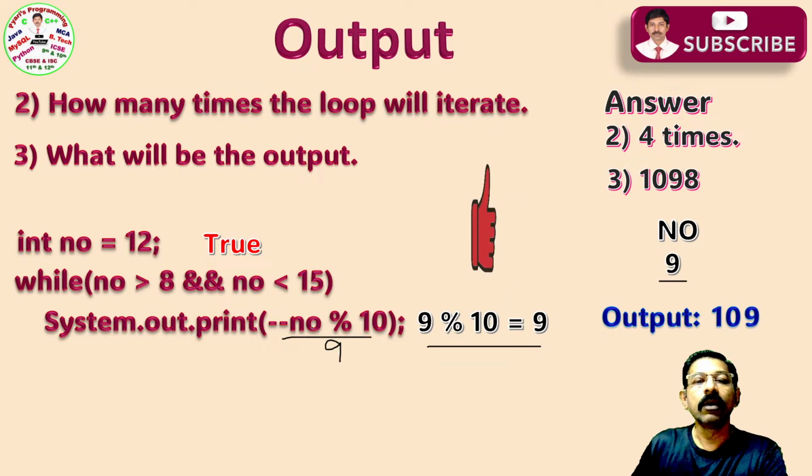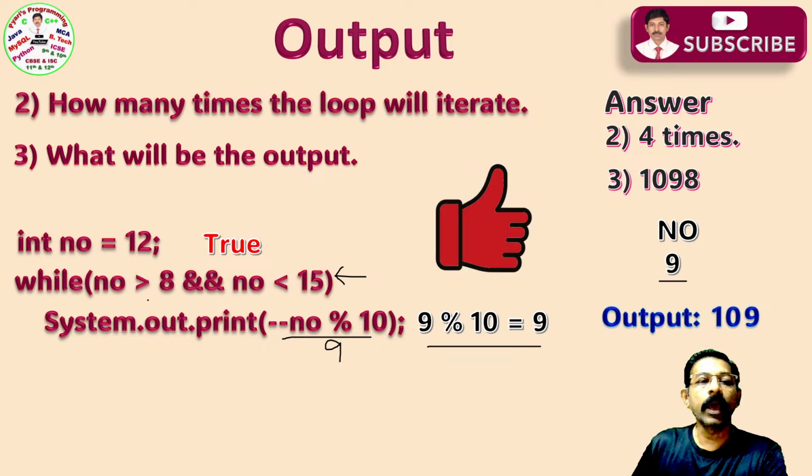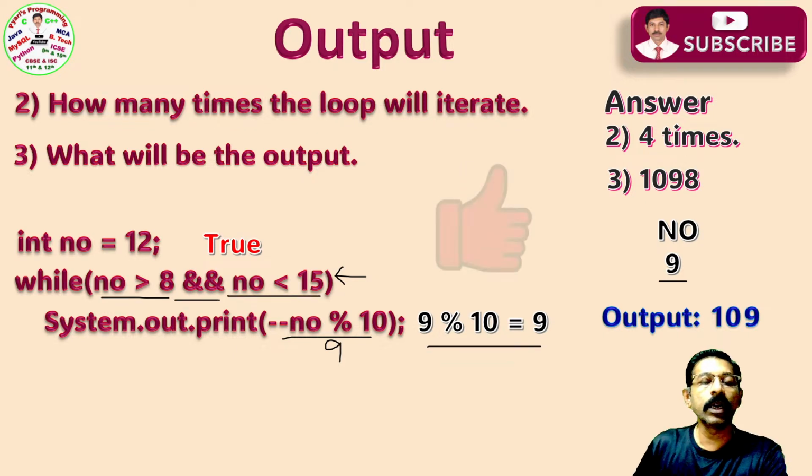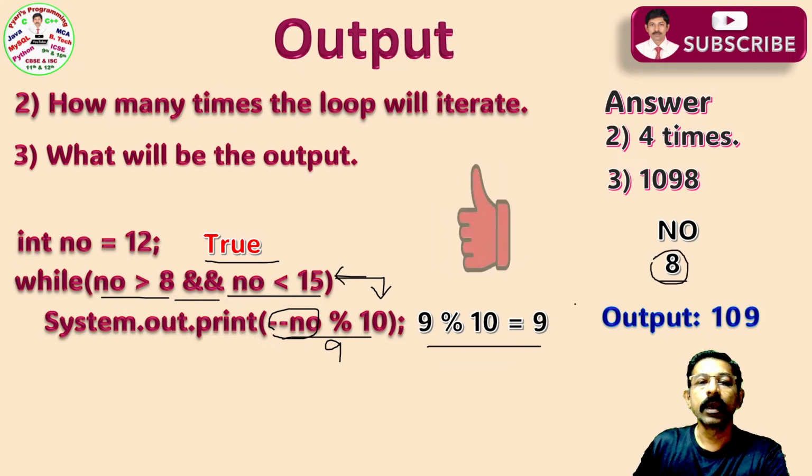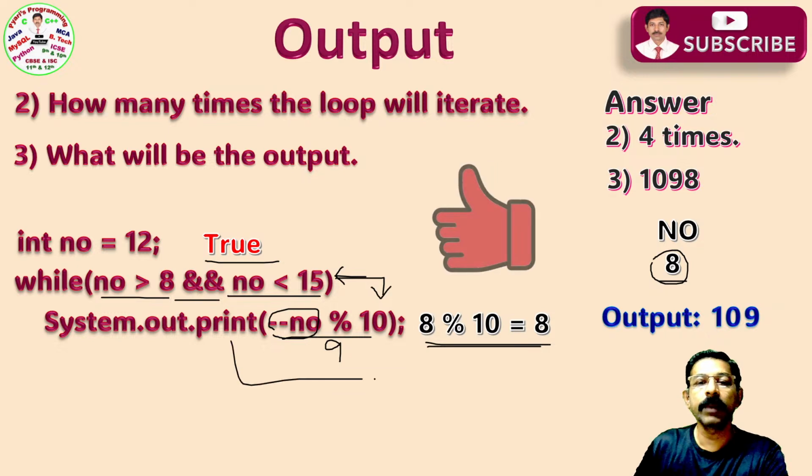After that, it will check the condition again. Next time NO value is 9. 9 is greater than 8. Condition true. 9 is less than 15. Condition is true. Both conditions are true. Hence final result is true. Now it will execute the body of the loop where minus NO will make it 8 now. 8 modulo 10. Remainder is 8. Now it will display 8.